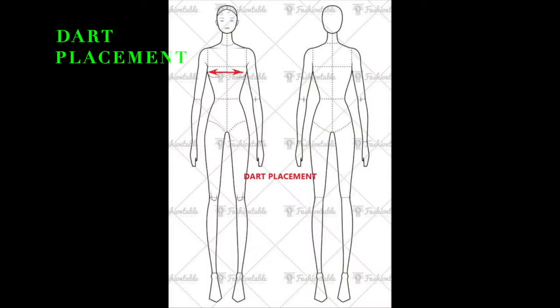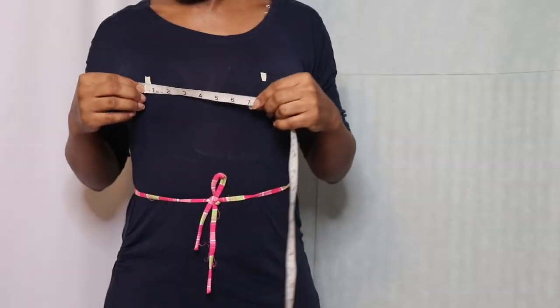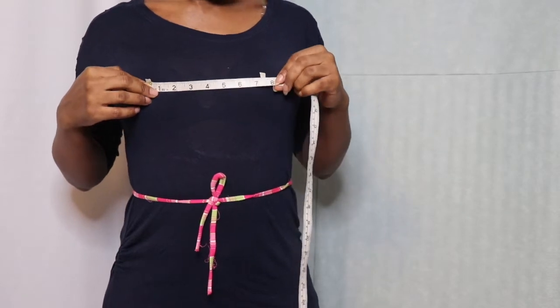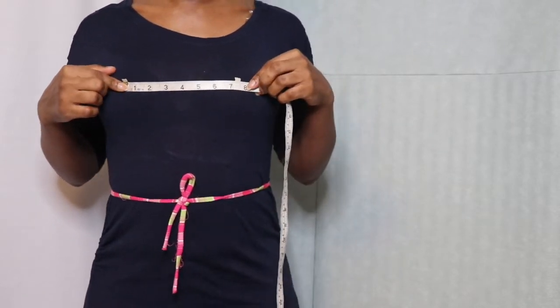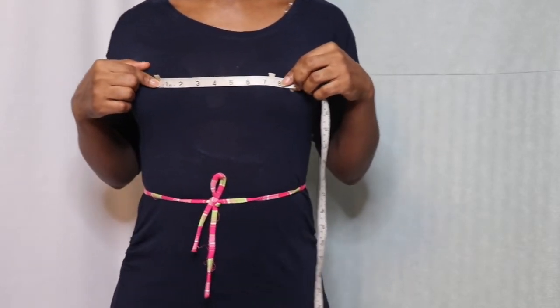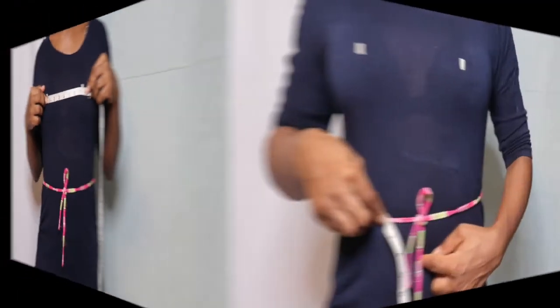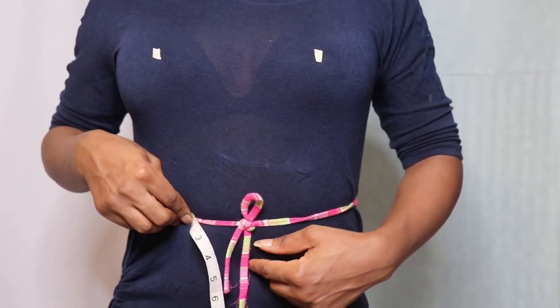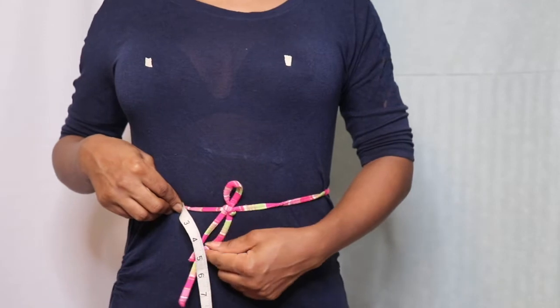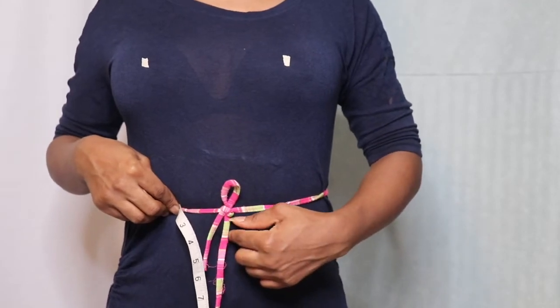Last horizontal measurement is the dart placement. There are 2 ways to measure for dart placement. Take your apex to apex measurement, which is your nipple to nipple measurement. Second method: first, locate your belly button. Move the nut on the elastic over to your belly button.